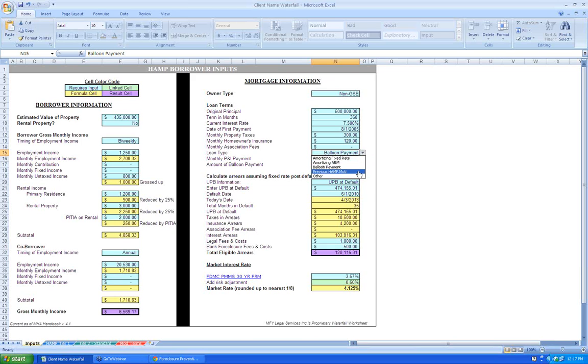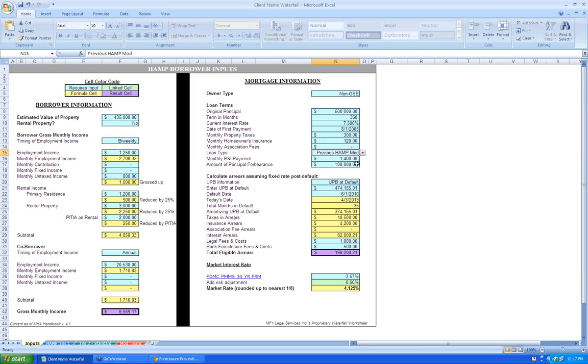Another option that we have is if somebody had a previous HAMP mod, or really any previous mod with principal forbearance, meaning that the principal part of it is put off to the side and does not bear interest, then you can select that, put in the current P&I payment and the amount of principal that was forborne.